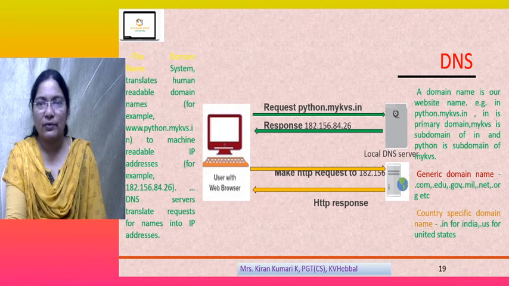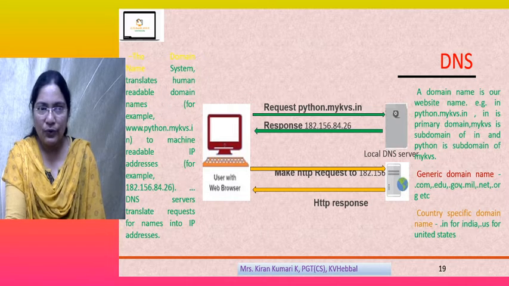Whatever name we have entered in the browser is translated to a machine readable IP address, for example 182.156.84.26. DNS servers translate requests for names into IP addresses.